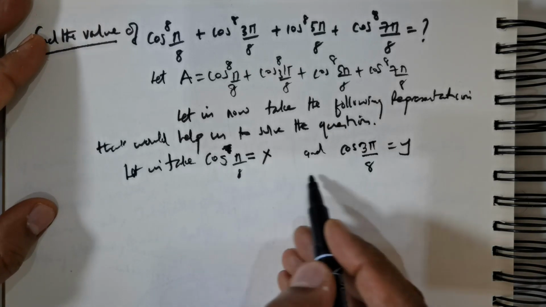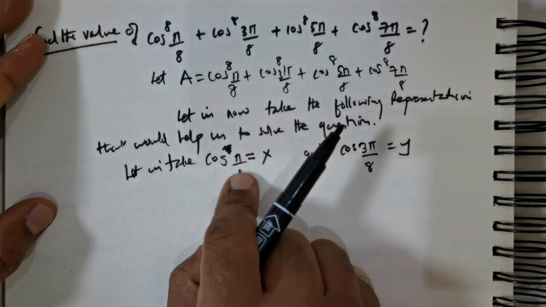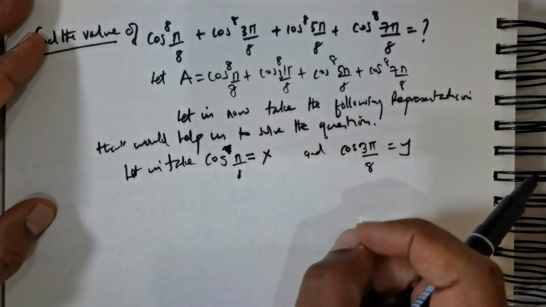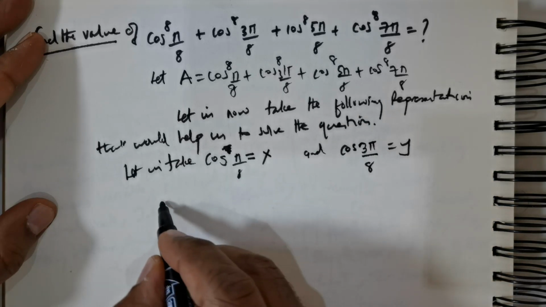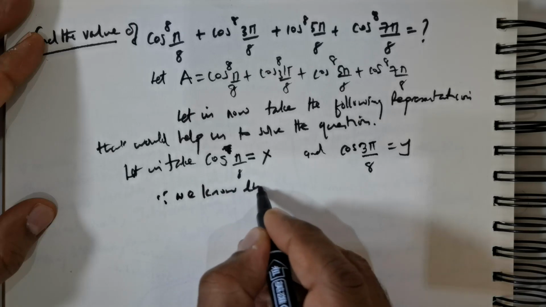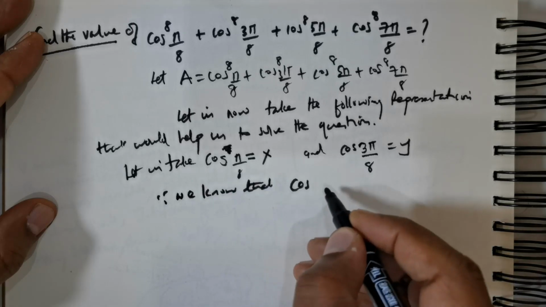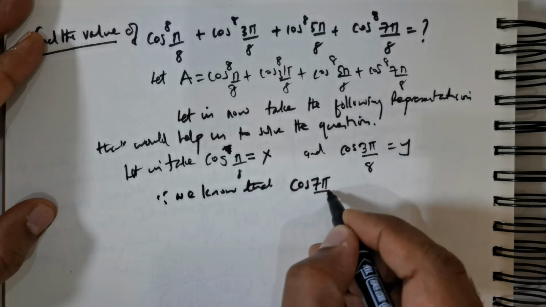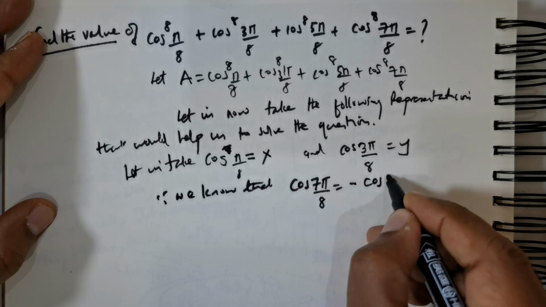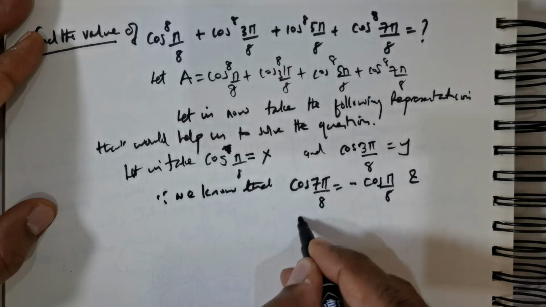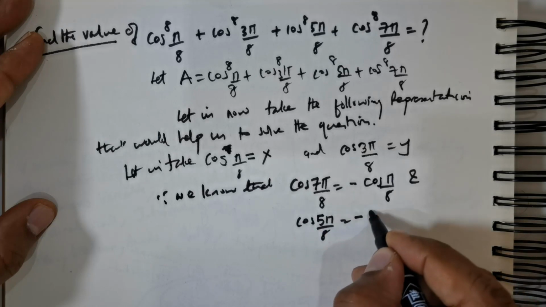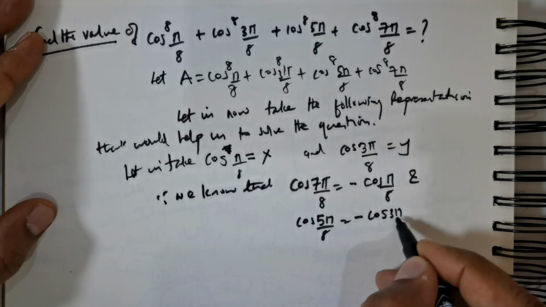Now you may be wondering, why am I taking cos(π/8) instead of taking the exponent value here? There is a reason for that. cos(7π/8) is equal to negative cos(π/8), and cos(5π/8) is equal to negative cos(3π/8).